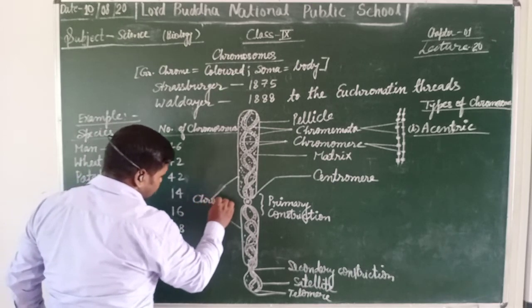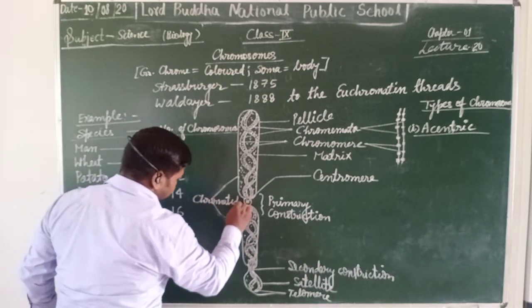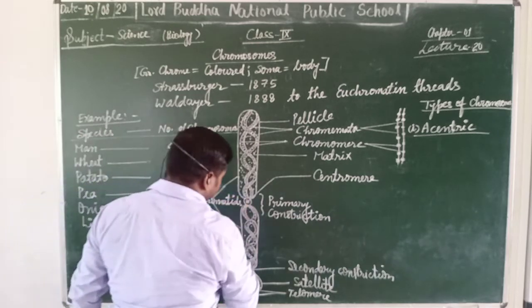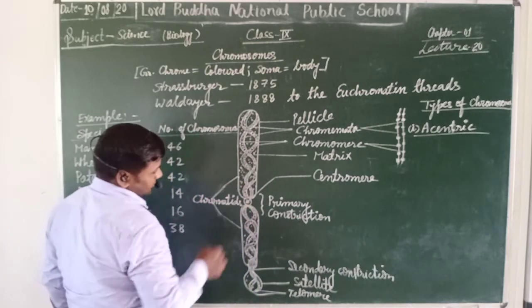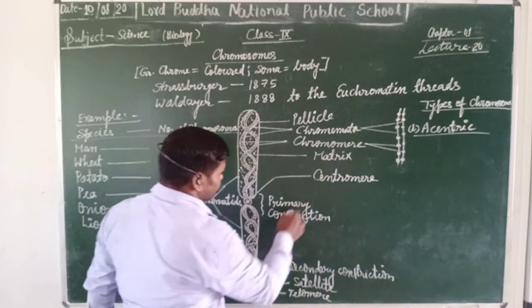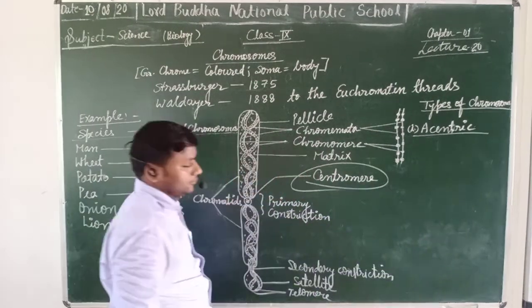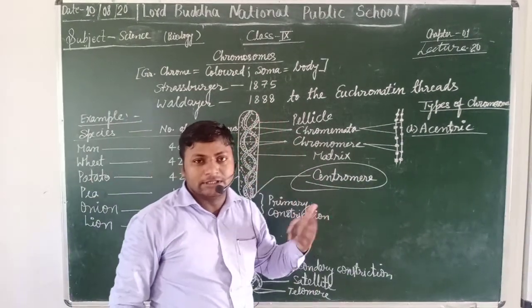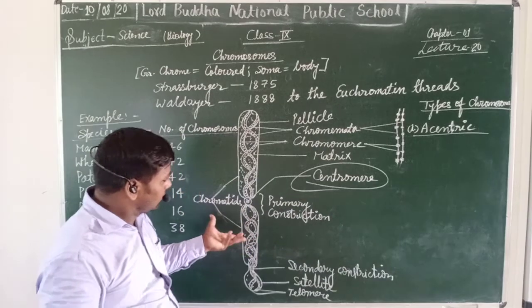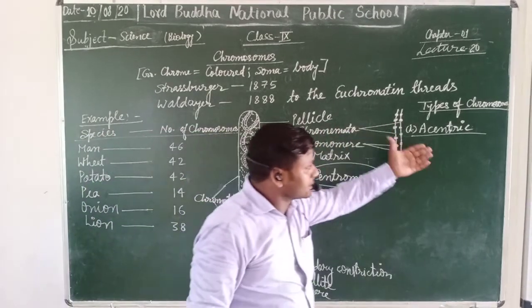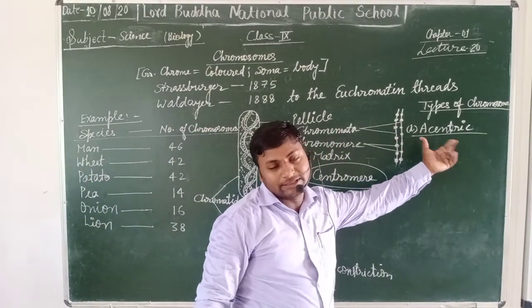What, students? Chromatids. And this is the central region of the chromosome, or central body, that is called the centromere. On the basis of presence and absence of the centromere, the name and characteristics of the chromosomes get changed.